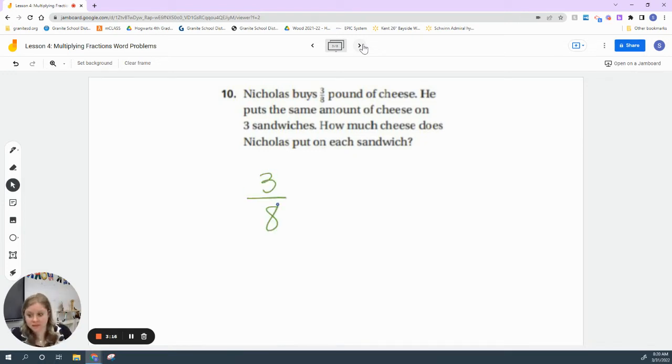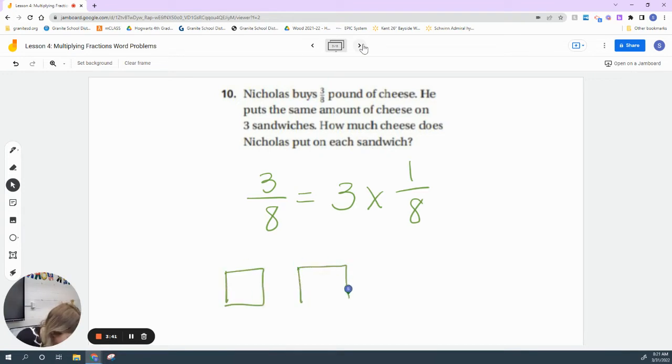And I can solve this many ways, right? But I know that he puts them on 3 sandwiches. So I need to know what I'm going to multiply 3 by to get 3/8, which would be 1/8. The other way I could do this is I could say, okay, well, I have 3 sandwiches, 1, 2, 3, and I have 3/8.